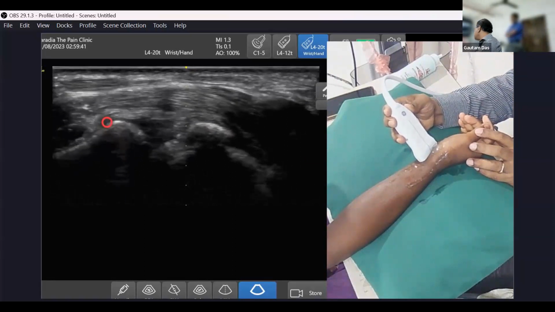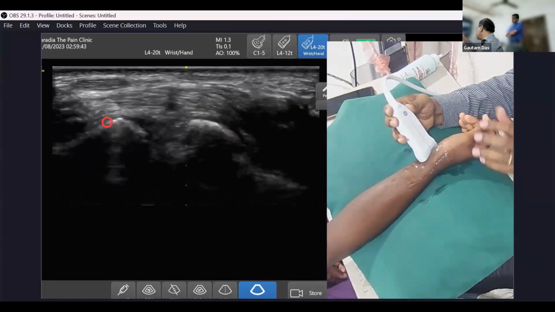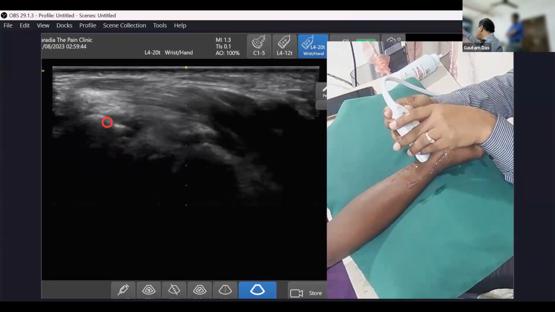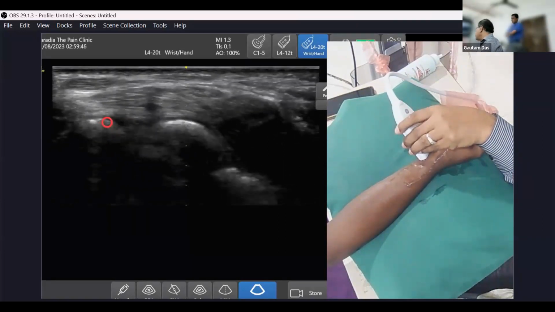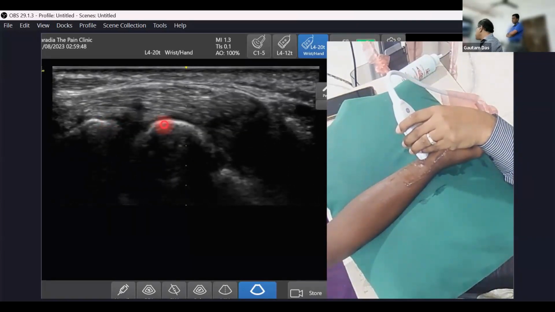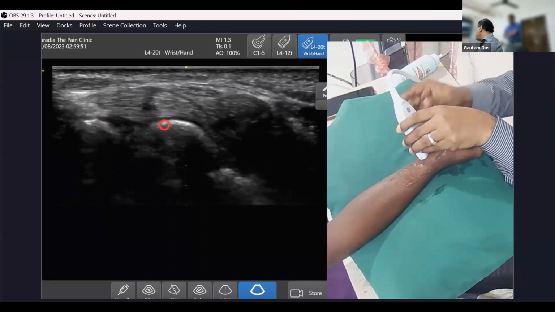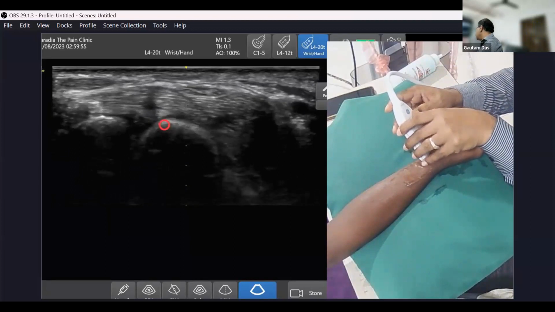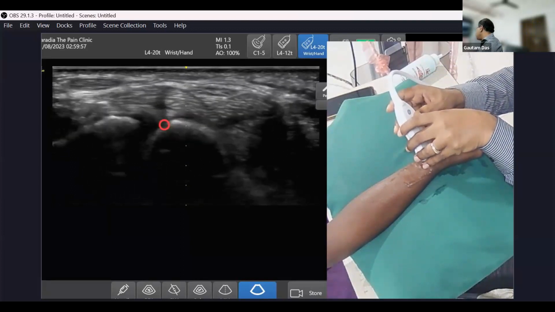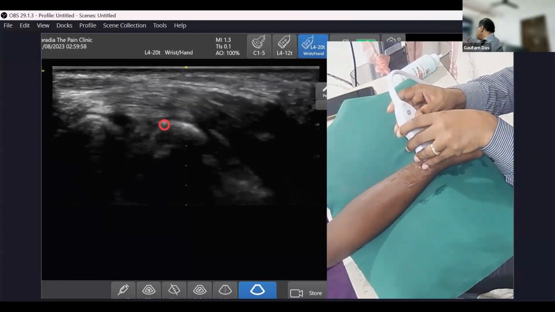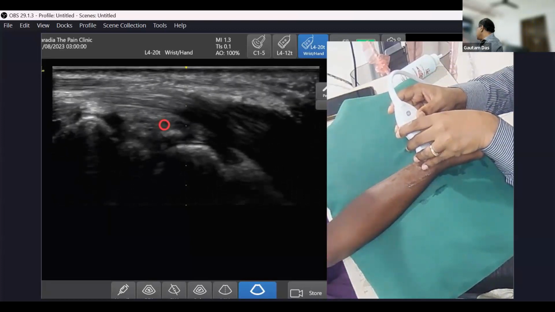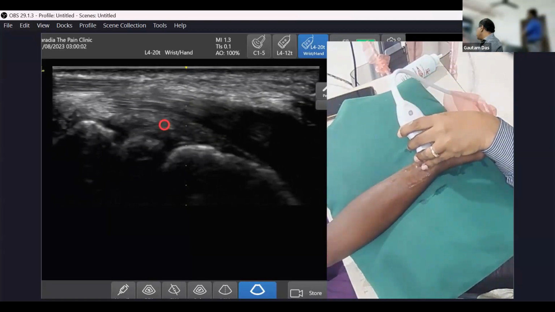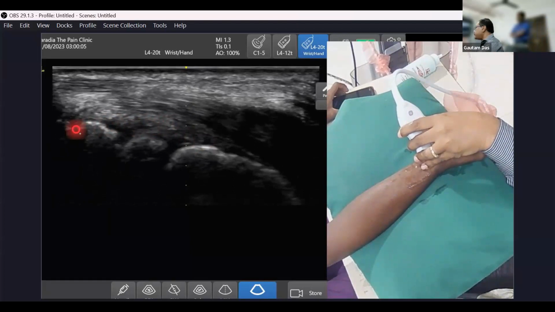Now this ligament is your long radial lunate ligament. Now I am fixing the proximal part over the radius and sliding the distal part more laterally, and now the capitate bone will appear. So this ligament is your radioscaphocapitate ligament, and this is the scaphoid.